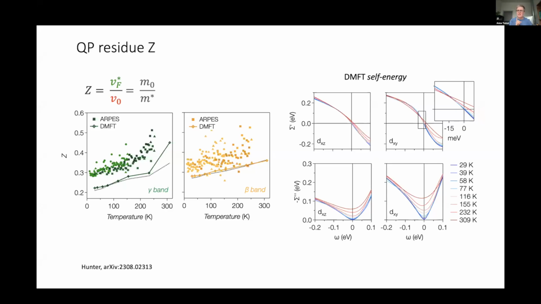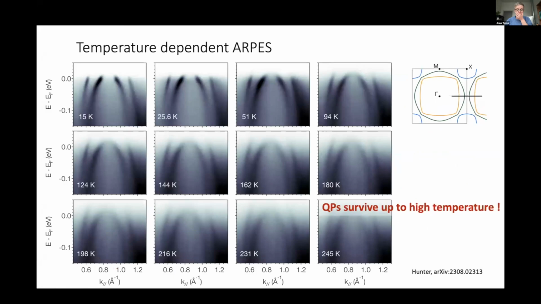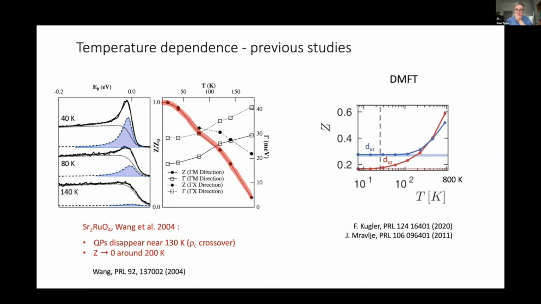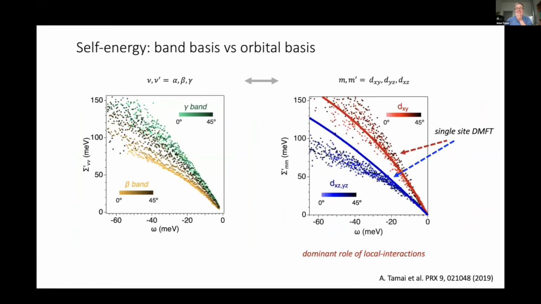The second point was whether there is still some momentum dependence. We look at this at low temperature. Here you see a comparison of the ARPES-derived real part of the self-energy with DMFT, which considers only local interaction.